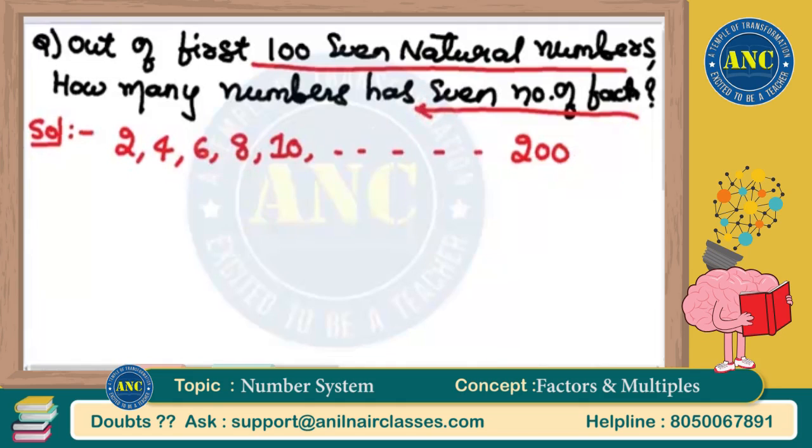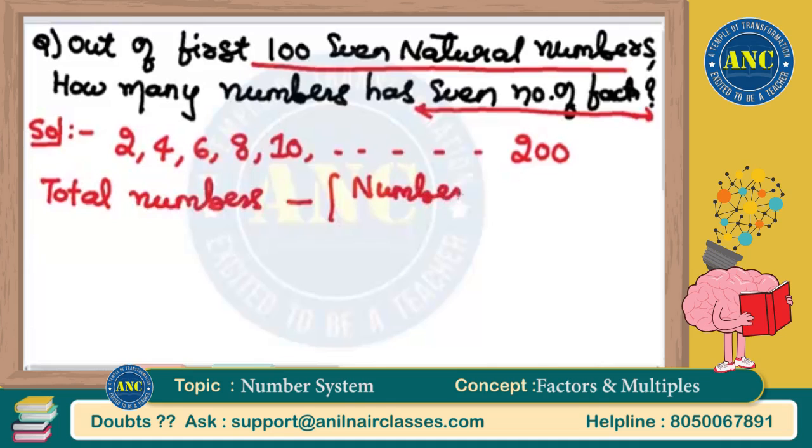How many numbers has got even number of factors? Even number of factors is nothing but total numbers minus numbers which has got odd number of factors.